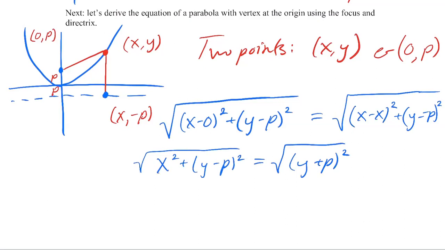We should be able to drop our square roots at this stage. So we can say that x squared plus y minus p squared equals y plus p squared.